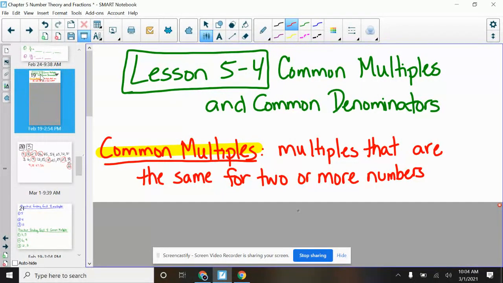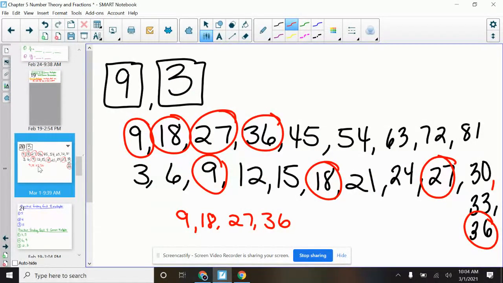If they ask you to find the first 3, then all you have to look for are 3 of them that they have in common. But sometimes they're going to ask you to look for lots of them, like maybe even 8. Find the first 8 common multiples. So you think you're going to have to list a lot of numbers if they want a lot of common multiples? Yes, probably so.